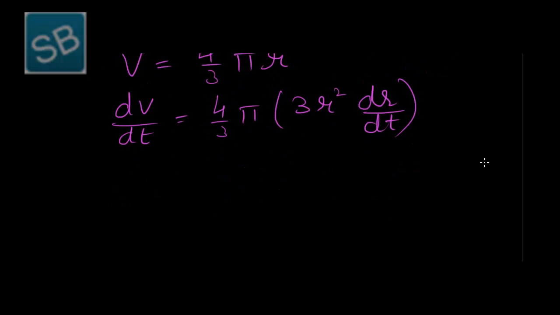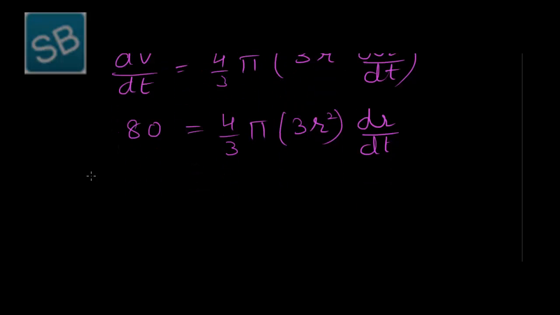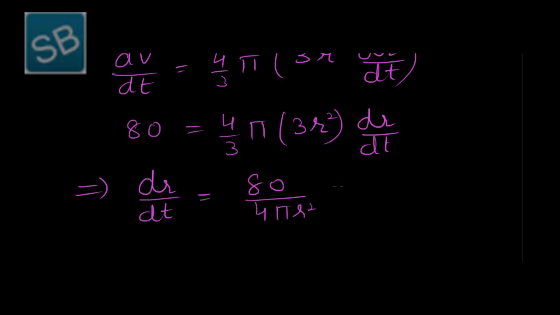From here, by comparing, 80 is equal to 4 by 3 pi 3r square dr over dt. Here 3 is cancelled out and we will get dr over dt is equal to 80 over 4 pi r square centimeter per second, as the unit of radius is centimeter and time is second.